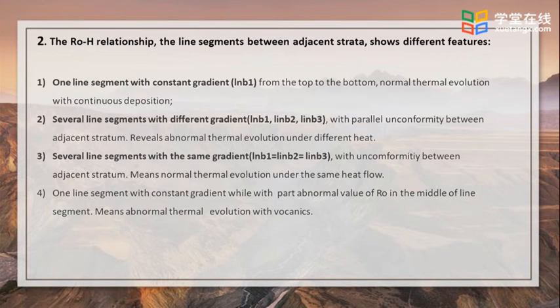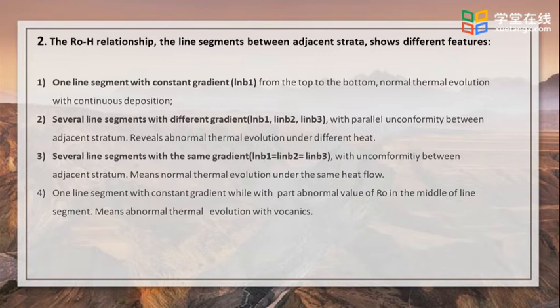In the RO to H relationship, RO is the vitrinite reflectance and H is the depth. The line segments between adjacent strata show different features. So these are the 4 segment types which we will explain in the next slide with the charts.